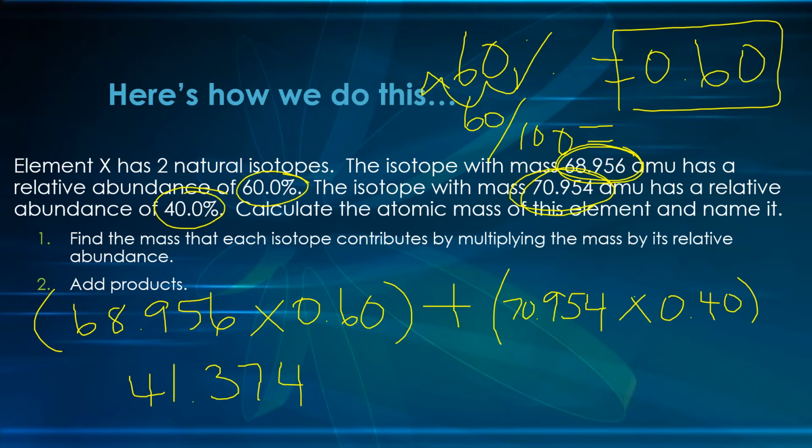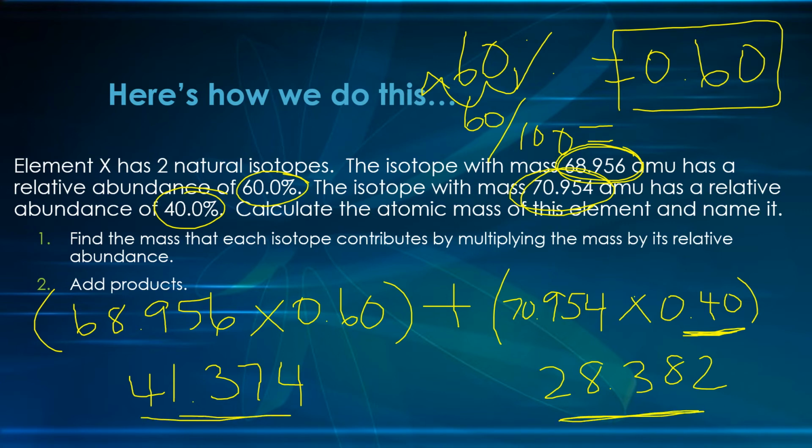So now in your calculator, I want you to type 70.954 times 0.4. And my answer is 28.382. So what I wanted you to see here is because I multiplied by a smaller decimal, my answer at the end is much less than this one over here.